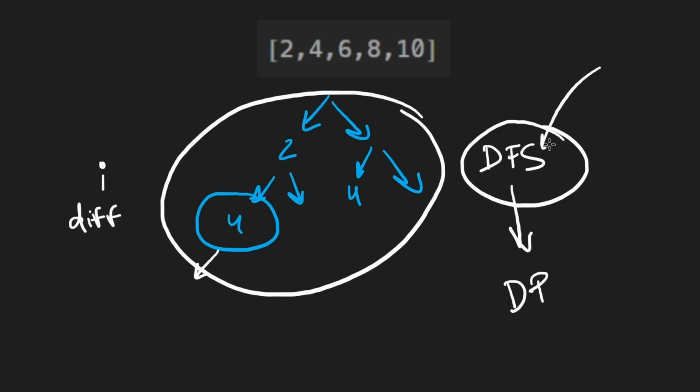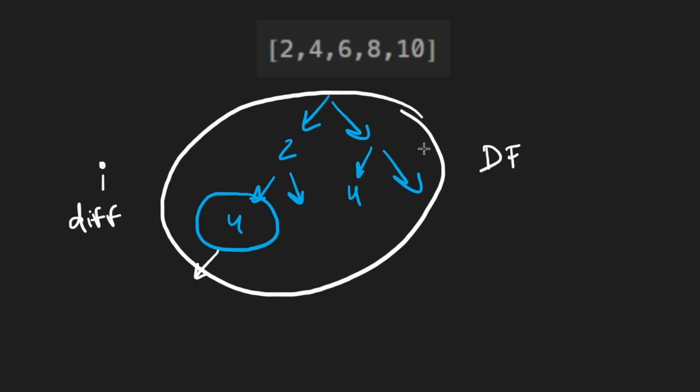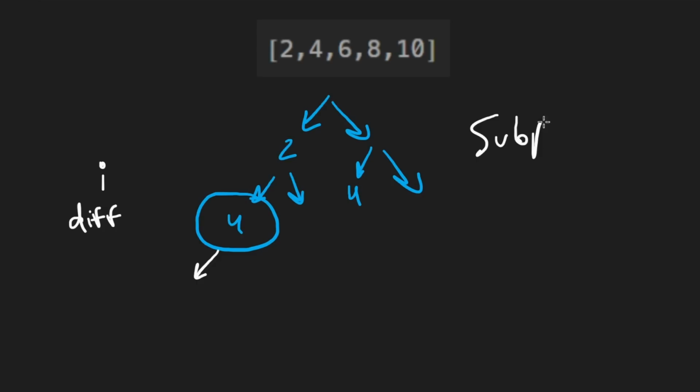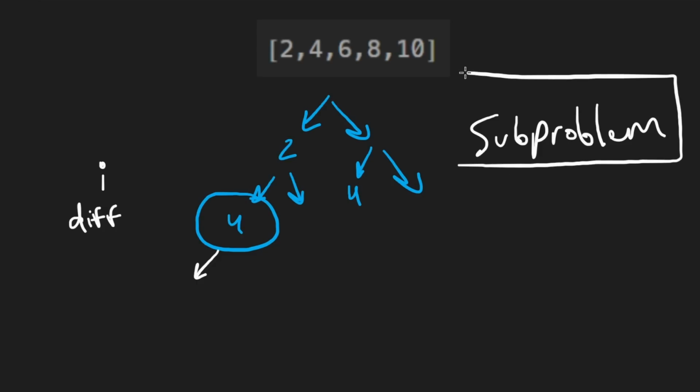I tried doing this actually, and I feel like it just made it even more confusing. So I'm actually going to skip this part, and I encourage you to do the same. But that doesn't mean we can't at least think about the idea of what is the subproblem in this case. Because the good thing here is once we've identified the subproblem, jumping into the dynamic programming solution isn't super crazy.